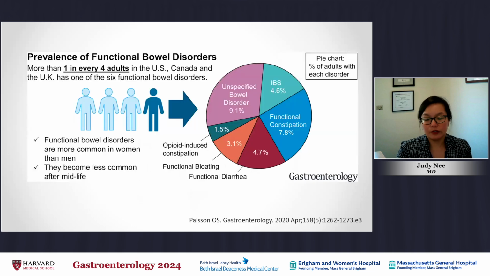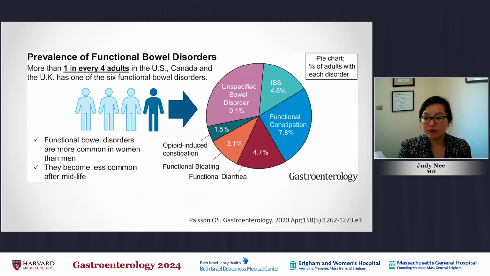So functional bowel disorders are so common. 1 in every 4 adults in the US, Canada, and the UK has one of the 6 functional bowel disorders. And from this 2020 article on the prevalence of Rome 4 criteria for IBS, for functional constipation, for functional diarrhea, IBS has a prevalence of 4.6%.